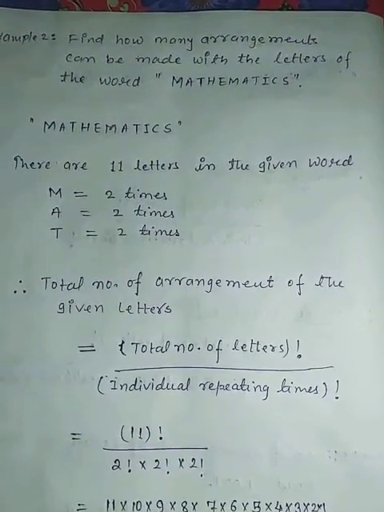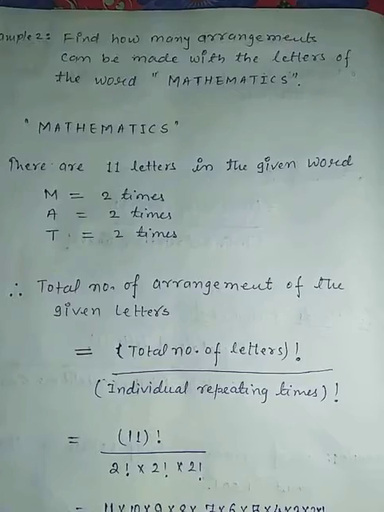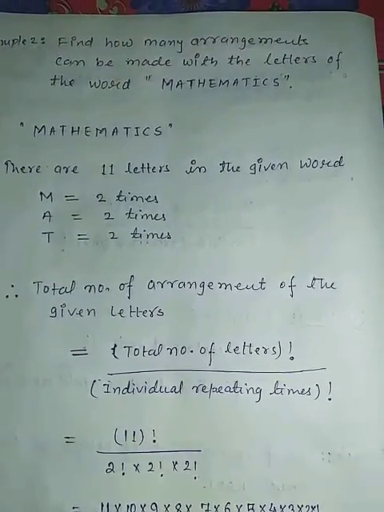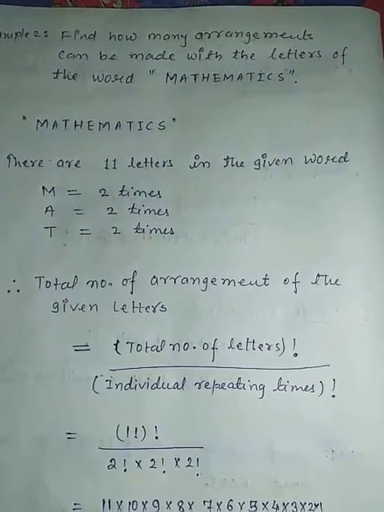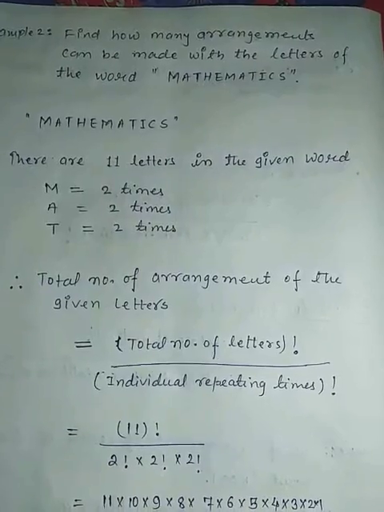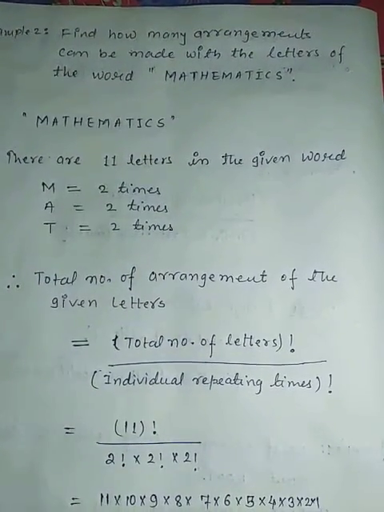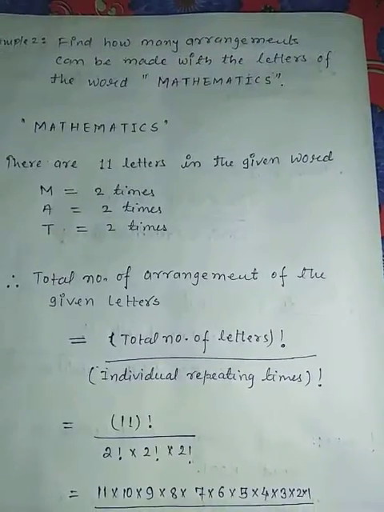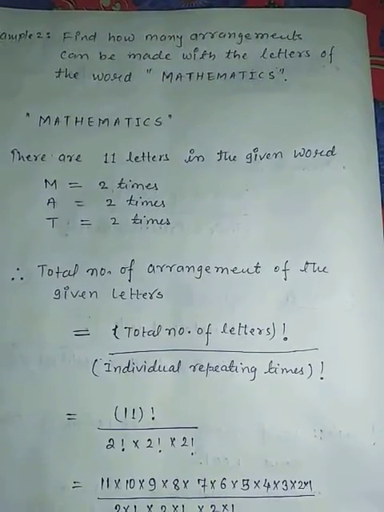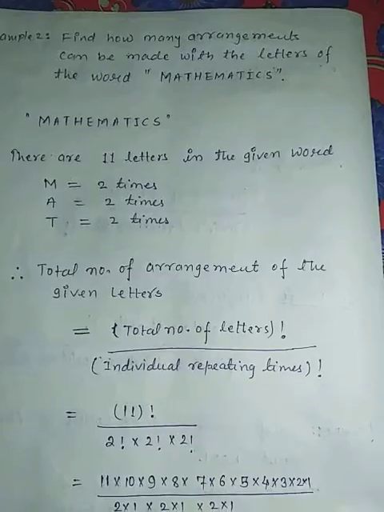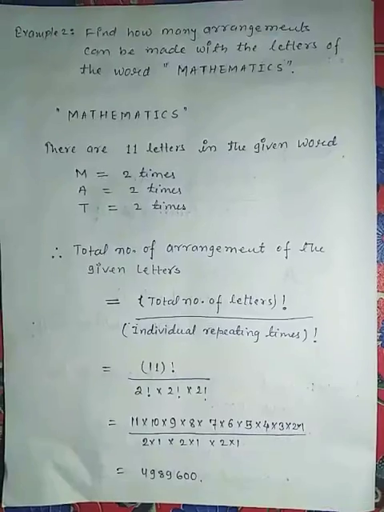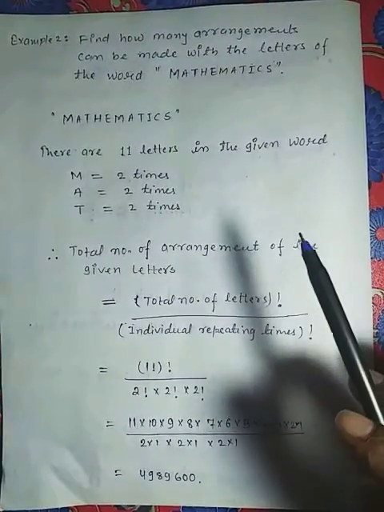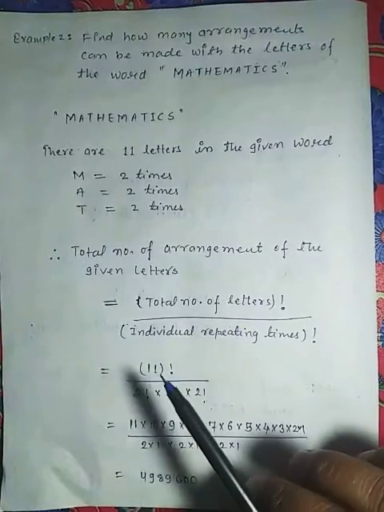The formula of total number of arrangements of given letters is equal to total number of letters factorial divide by individual repeating times. So total number of letters is 11.